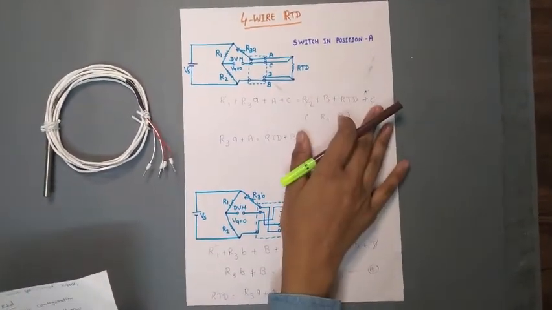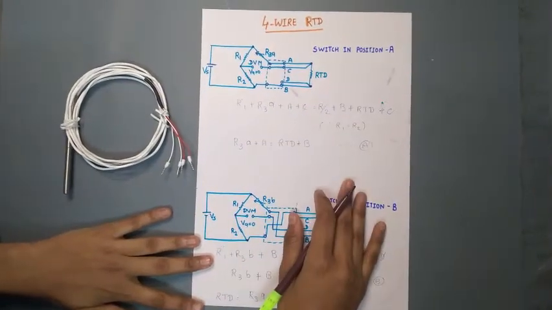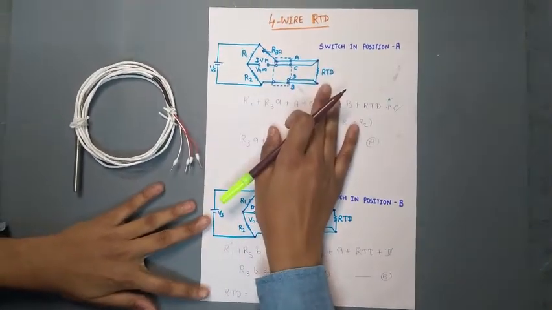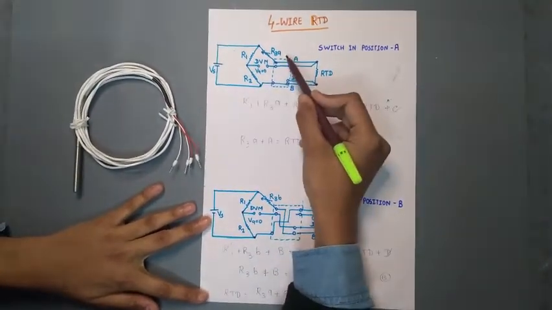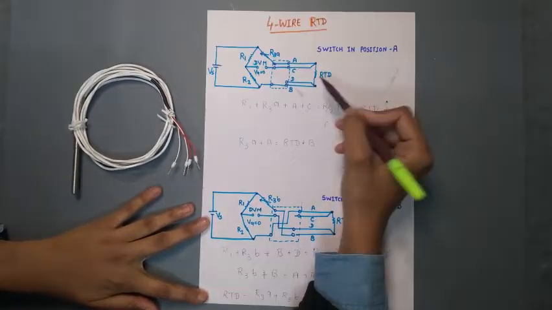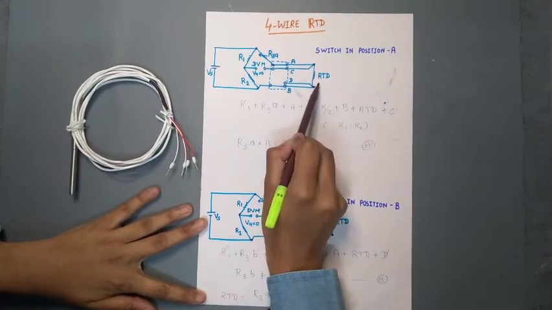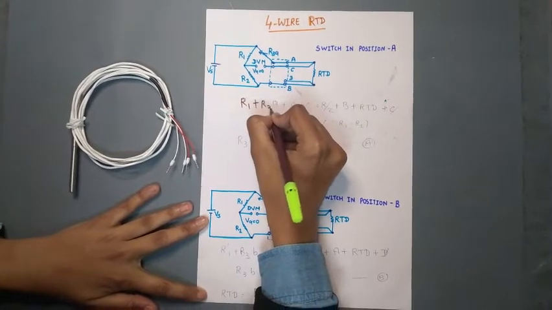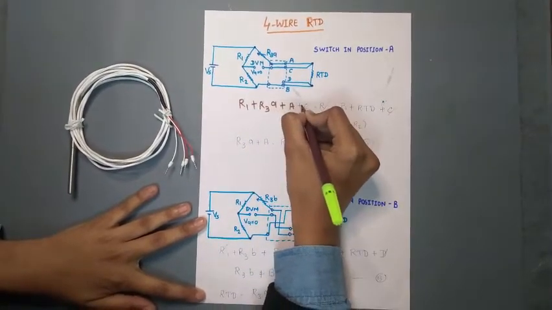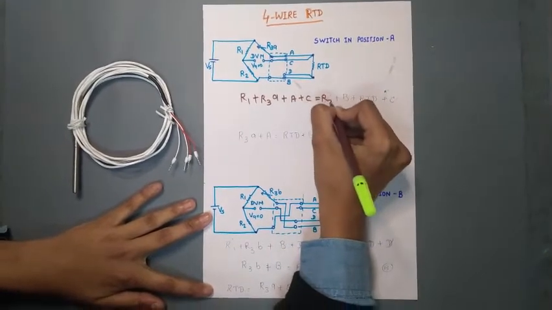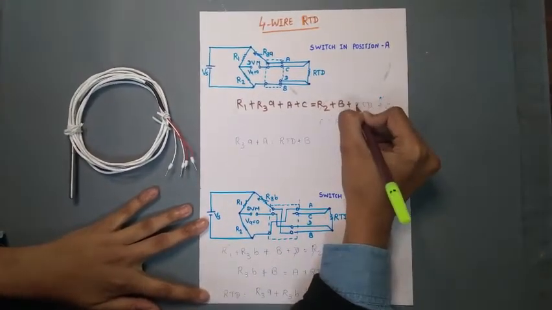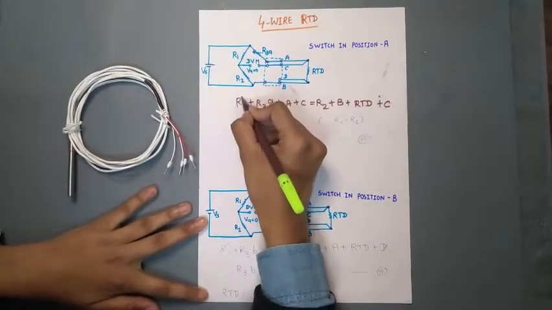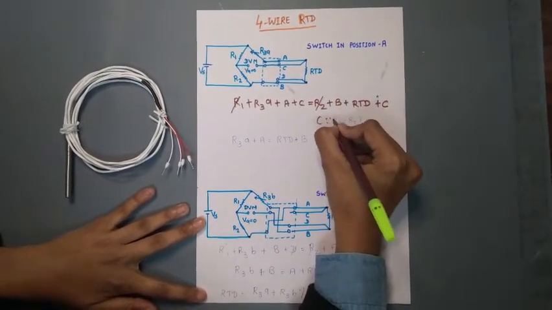Let's see. From the bridge condition, the first half of the bridge is equal to the second half of the bridge. So here R1 plus R3A plus A plus C is equal to R2 plus B plus RTD plus C. Okay, so here R1 and R2 get cancelled because R1 is equal to R2.